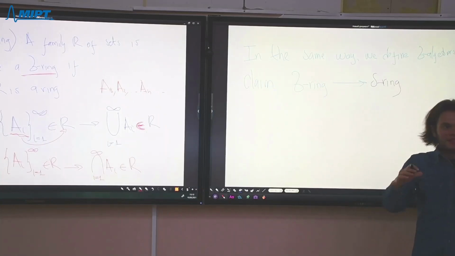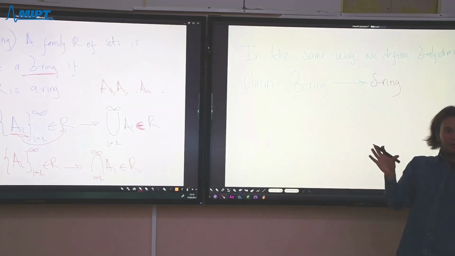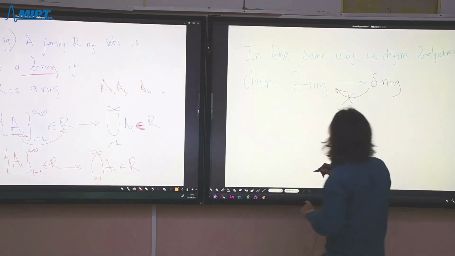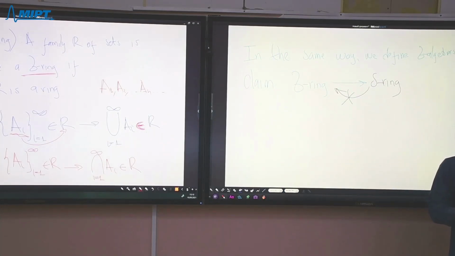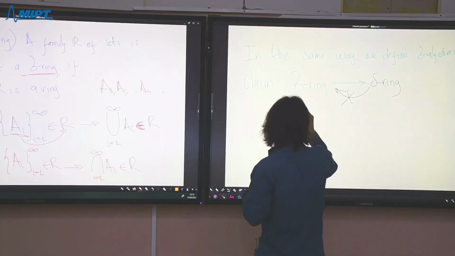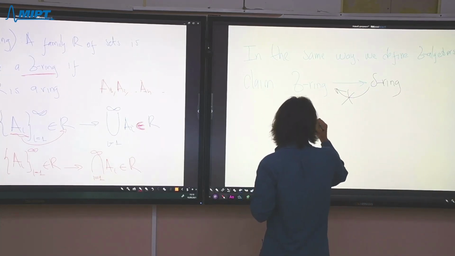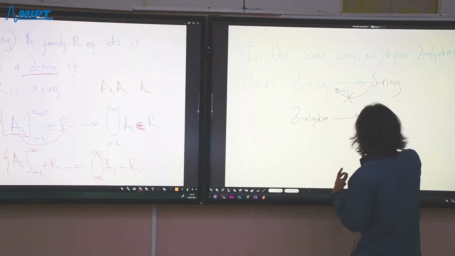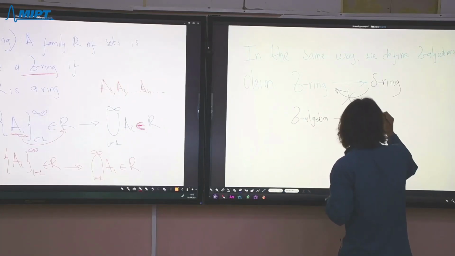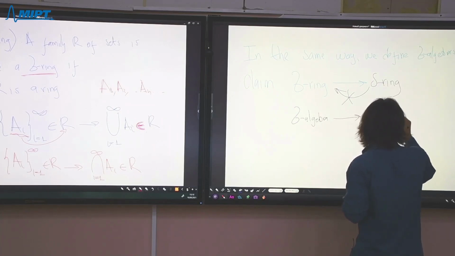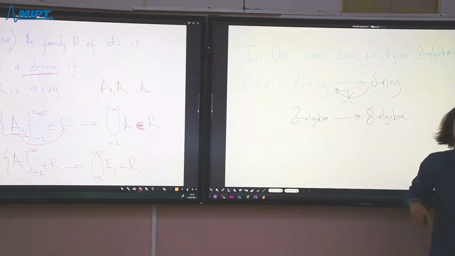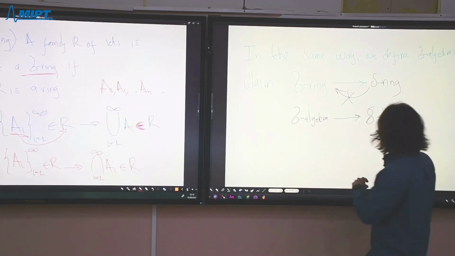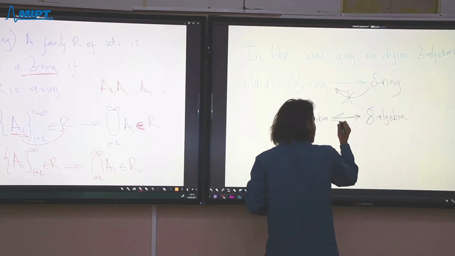So a sigma ring is a delta ring, but a delta ring is not a sigma ring. And with an algebra, a sigma algebra is a delta algebra, and a delta algebra is also a sigma algebra.